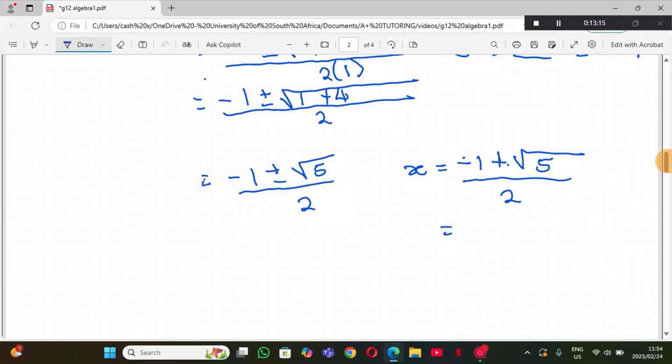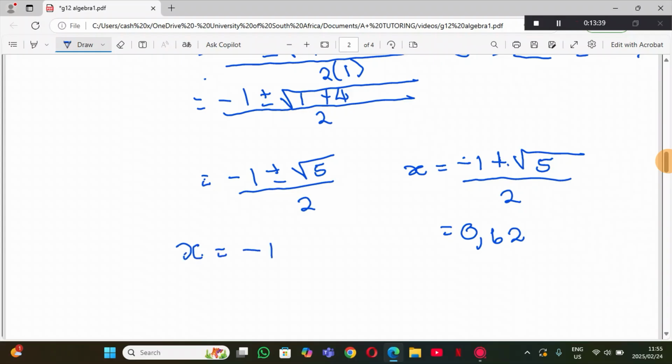When we use the plus, so it's minus 1 plus root of 5 over 2, and we get 0.618, which would round off to 0.62.